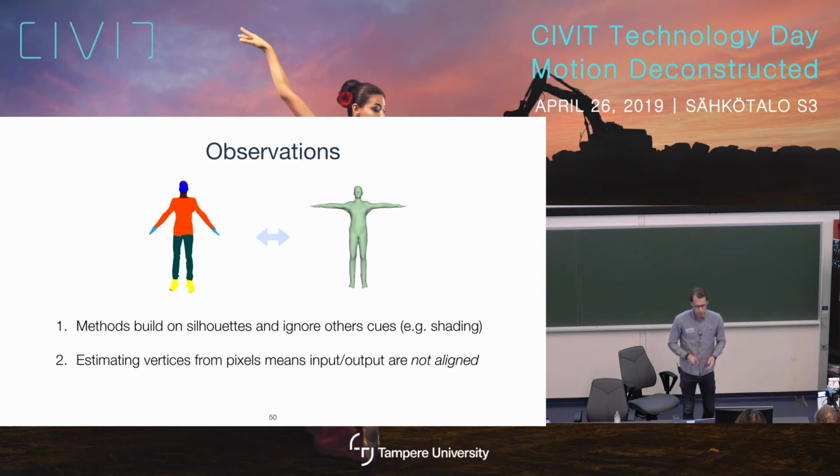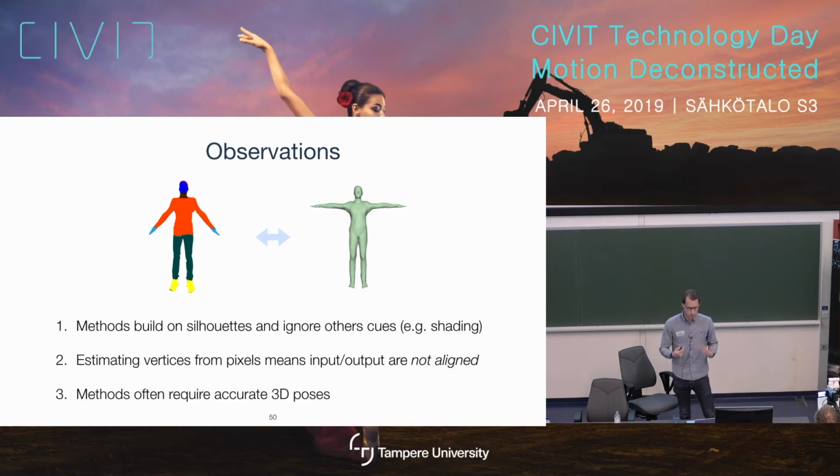So if you go from pixels to vertices, you have an unaligned problem. So you have to go through some low-dimensional latent code to change the modality. But if you want to compare vertices and pixels, you can do this via rendering, but you have to have 3D poses in order to recreate the image and compare.